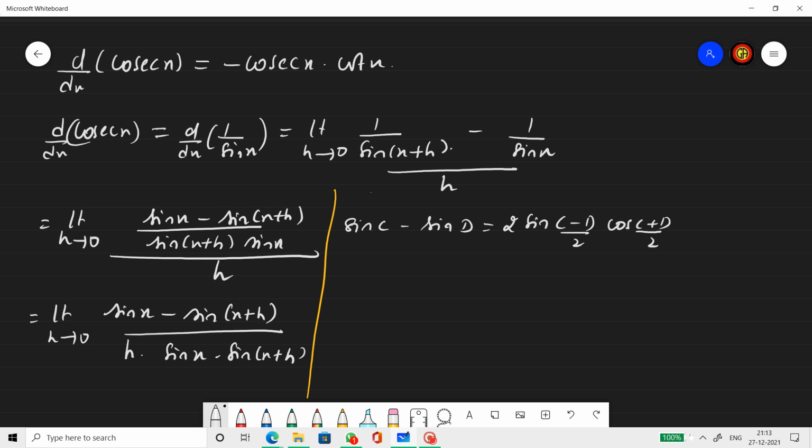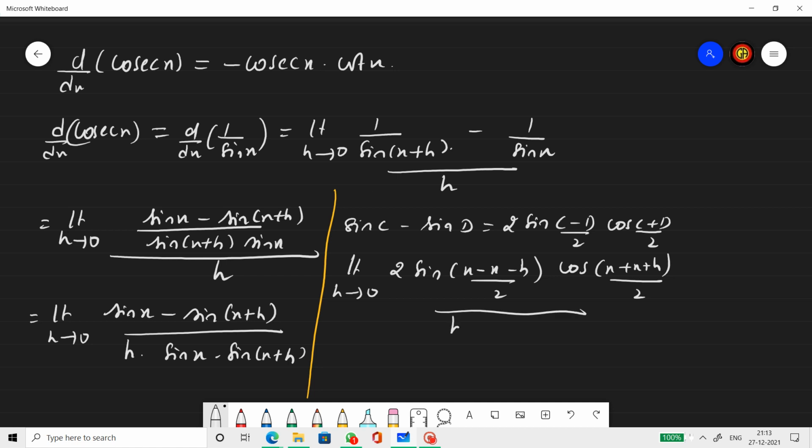So using that in place of the numerator, limit h tending to 0, 2 sin((x minus (x plus h)) by 2) into cos((x plus x plus h) by 2), whole divided by h into sin x into sin(x plus h).